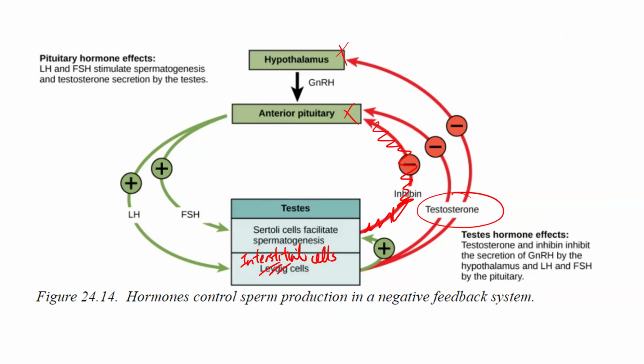Quick question. What causes the level of testosterone to go down? Is it just a fluctuation throughout the month? Well, not so much the month. It's almost like daily fluctuations. If you already have adequate sperm production, then you shut it down a little bit, right? But as soon as you turn it down, eventually the production rate is going to go down, and then you're going to need to boost the testosterone, right?